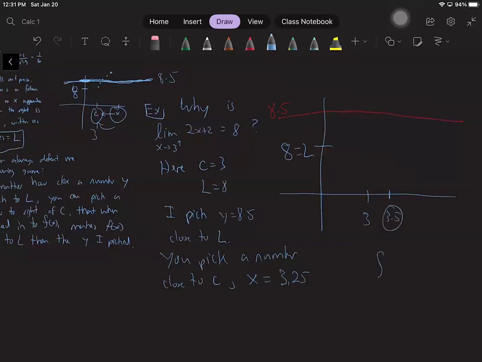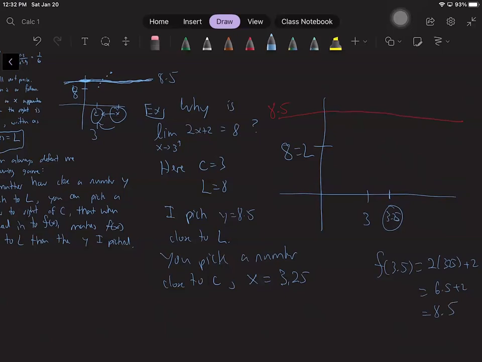Okay. And then when you plug that in, you get, let's see, what's that, 7. Oh, sorry, 3.25, not 3.5. What is that? 6.5 plus 2. Oh, it's right on 8.5.